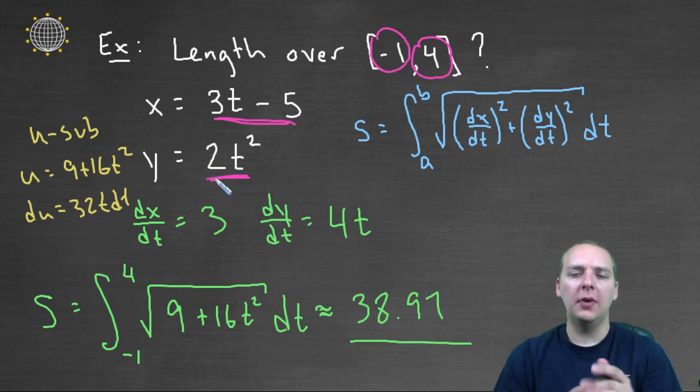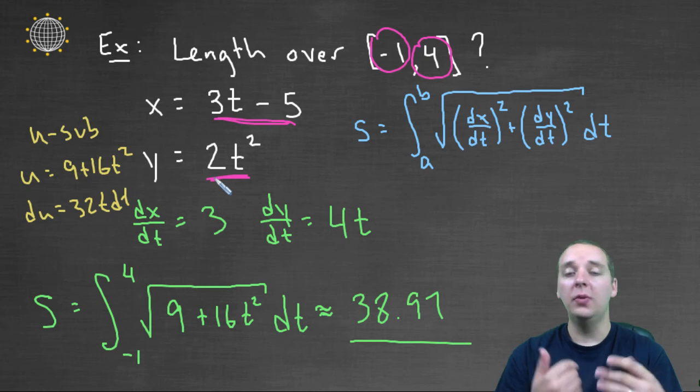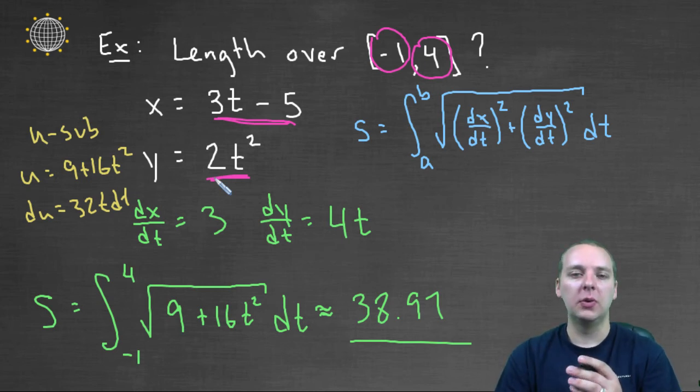Because if you have a dot at -1 and the dot at 4 is only a couple units away, we must have done something wrong. Or if it's way too far, we must have done something wrong. But your intuition should tell you whether it's in the ballpark of 40 or not, which we did this one correctly, so I suspect it will be. So anyways, that's how we do arc lengths of parametric equations.